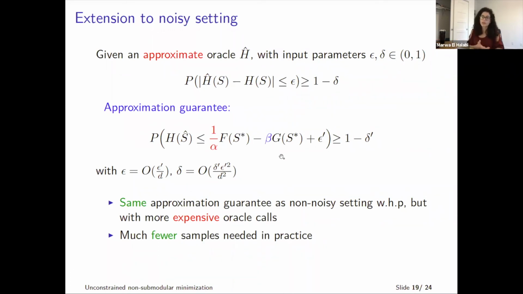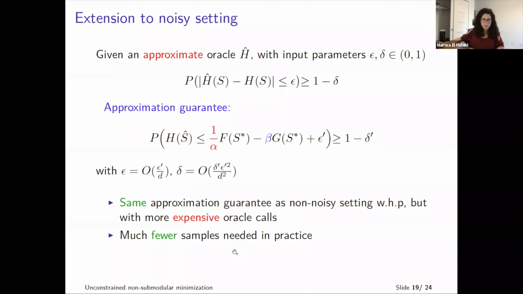So if you have a noisy oracle, you can still get similar approximation guarantees, except now it's more expensive because you need to sample your noisy oracle multiple times. In particular, it shows that you need quadratically many samples, so you can see there's a dependence on d squared here. But in practice, we see that this is not really the case. You can get away with much fewer samples.